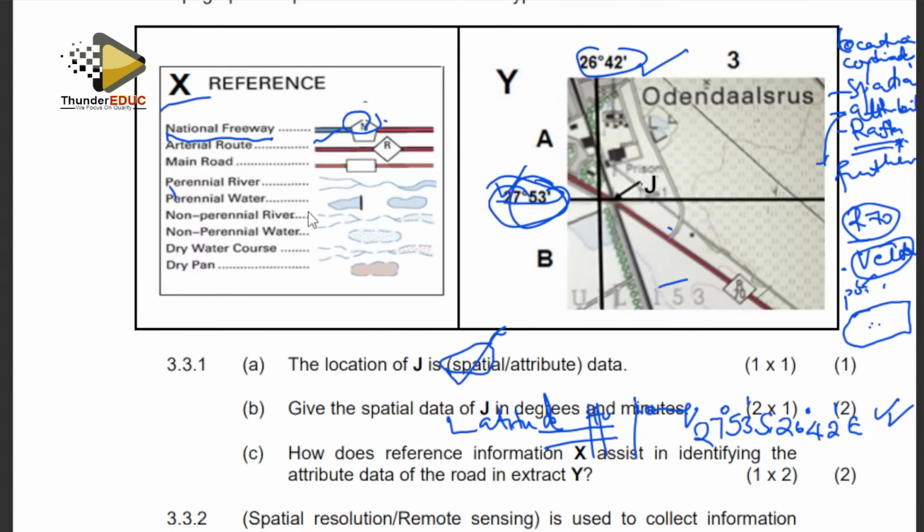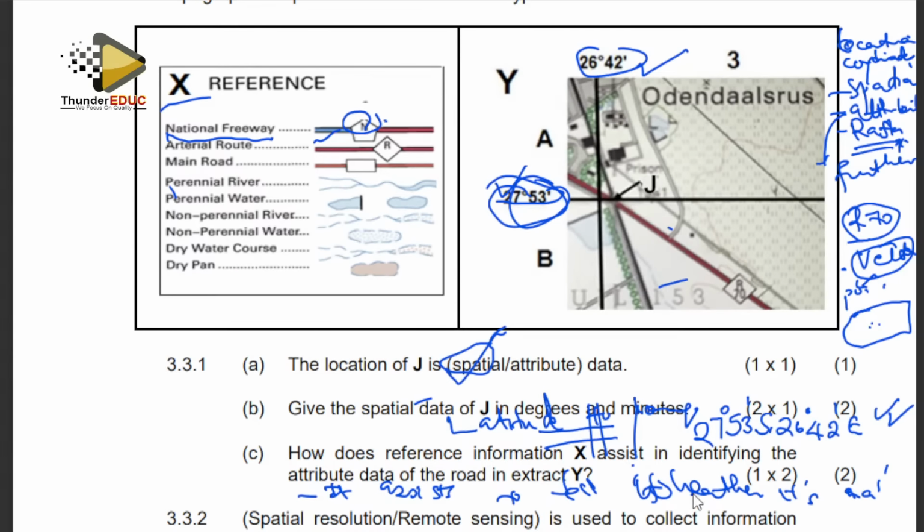So how does it assist? It only assists you to tell whether this type of road is a national road or an arterial road.